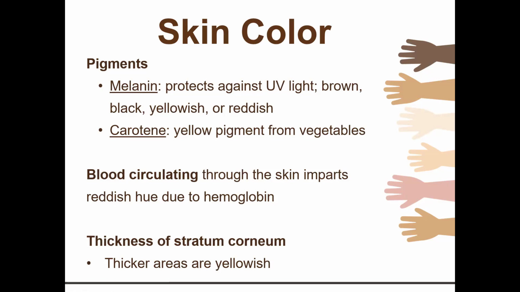So when we say hemoglobin, we're usually referring to its ability to carry oxygen throughout our body, but it also has a reddish hue that gives our skin some color. You'll also notice that the thicker areas of skin are a little more yellowish. So a callus or a corn on a foot tends to have a yellowish tone to it compared to our normal skin color. So that's something else that can affect skin.